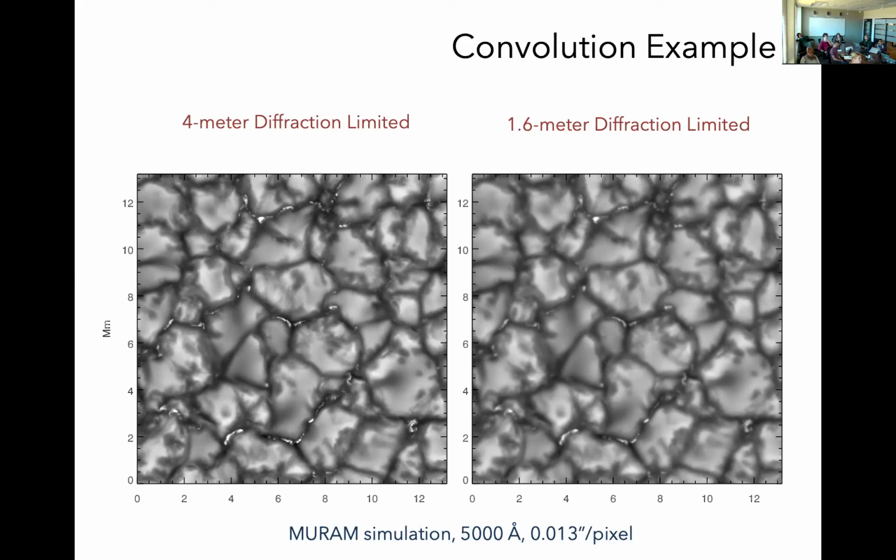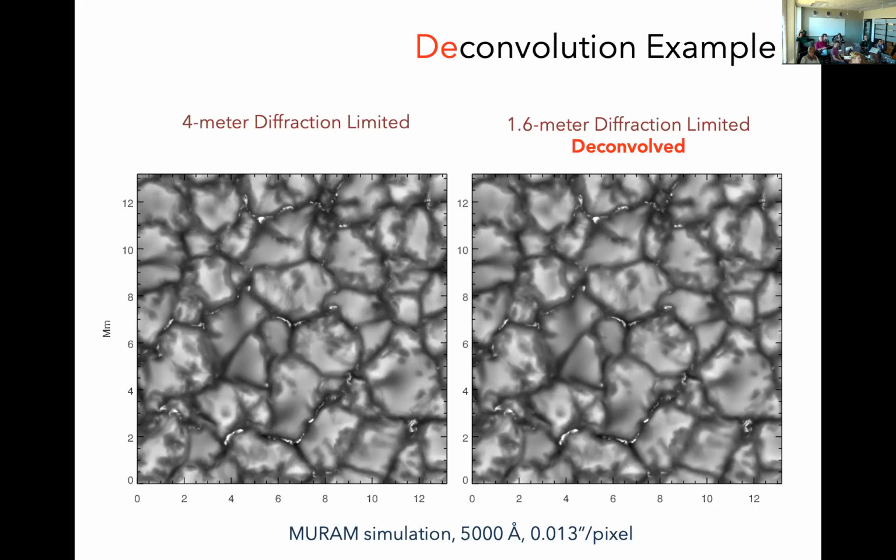That's the effect of the convolution. But if I take that image on the right, transform it back into Fourier space, divide it by the same theoretical MTF that I convolved it with in the first place, and then go back to real space, this is the deconvolved image, and it looks very similar to that original input image. So I've recovered almost all the information through this simple deconvolution process.